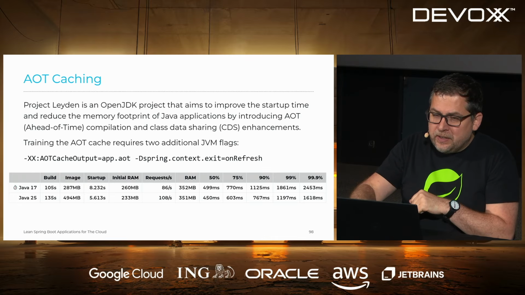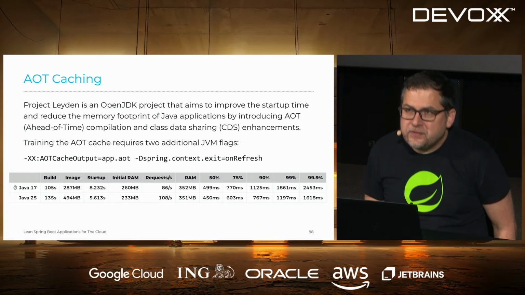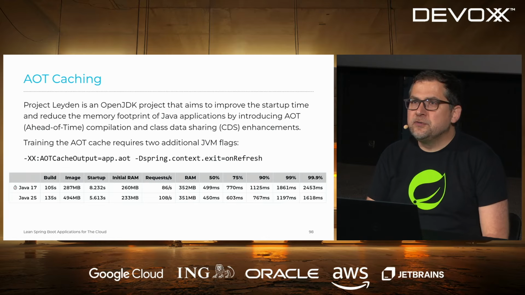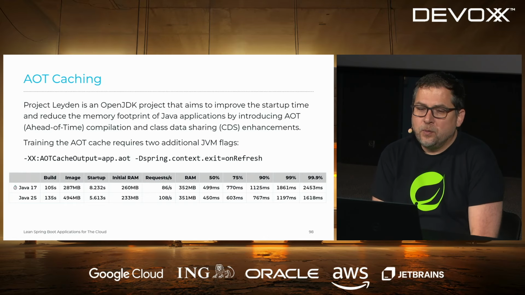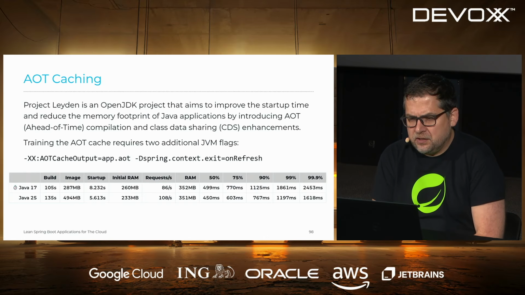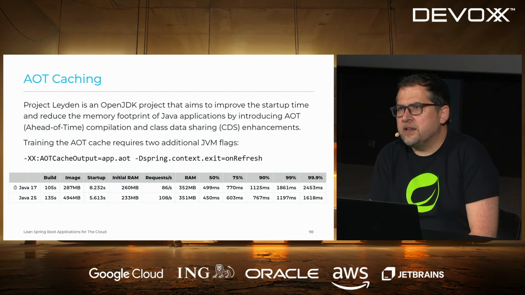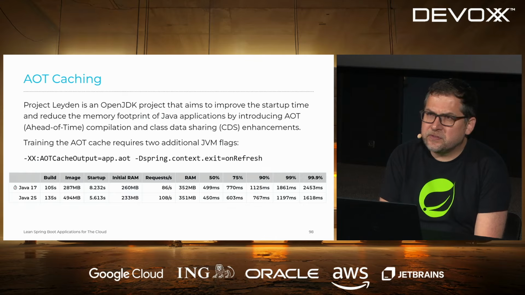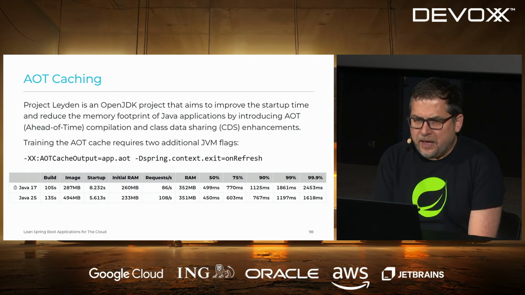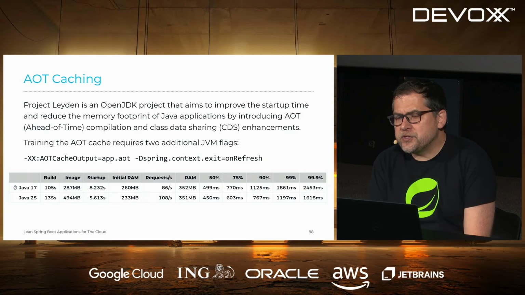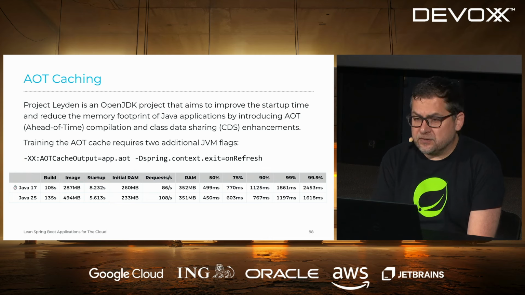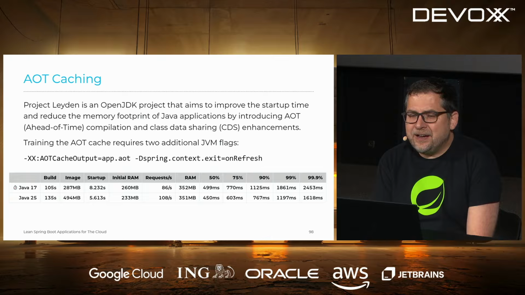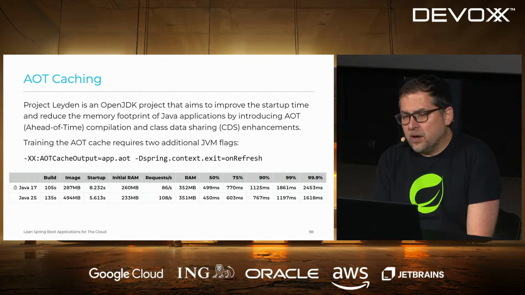Cool. So now you probably learned yesterday that there is a new feature in Java 25 which is called AOT caching. AOT caching is kind of like the next version of AppCDS for your Java. And it's part of the optimization efforts they do with Project Leyden. So you could say AOT caching is kind of a version of AppCDS, but different.